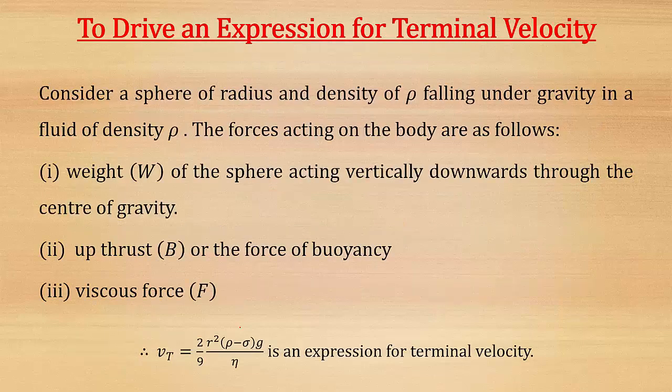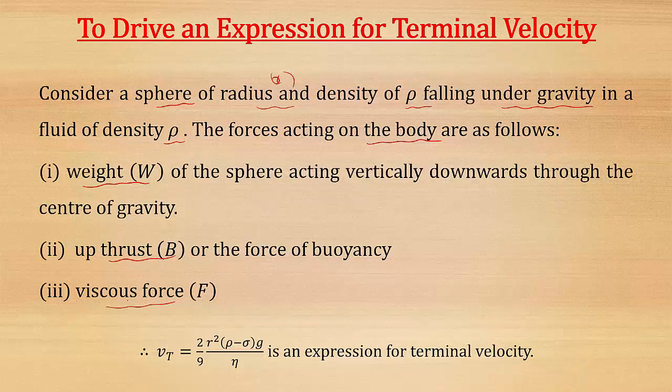Then, the expression for terminal velocity. We can consider a sphere of radius r, density rho, falling under gravity. The forces acting on the body are as follows: weight of the sphere, second upthrust, third viscous force.